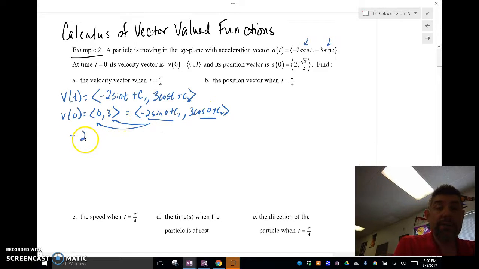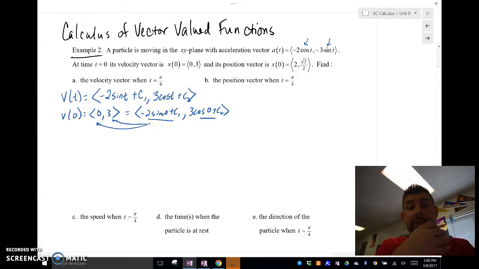So what am I going to have here? Sine of 0 is 0, and 0 plus c1 equals 0, so that gives me c1 equal to 0.